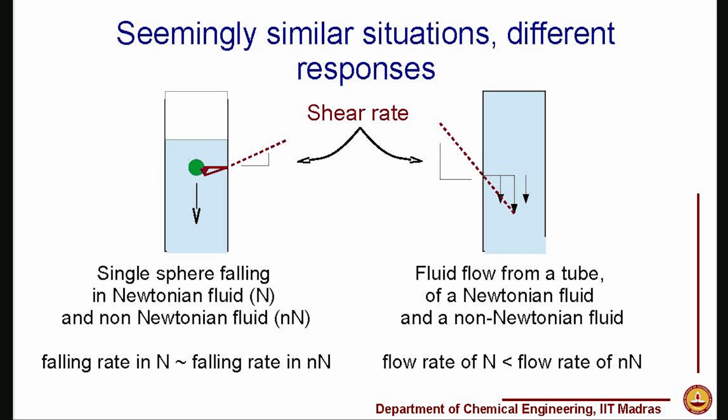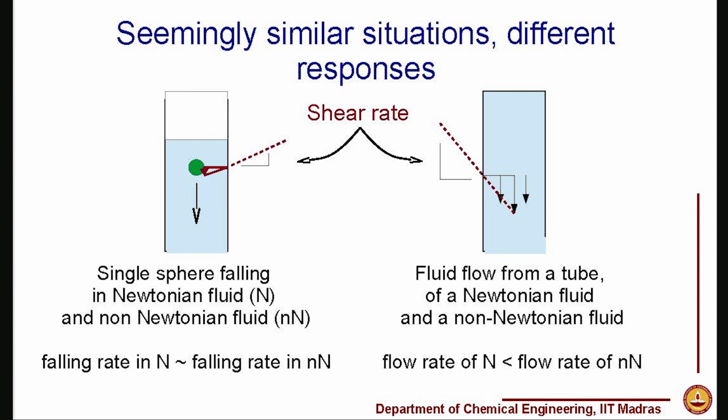On the other side, we have a basically tubular flow of the fluid, and in general the velocity here will be very high in the center and overall flow rate will be very high, and therefore between the wall where the velocity is 0 and the center where the velocity is maximum, what you will have is a shear rate which is very high. So, what we can again summarize is, in this situation shear rate is low, while in this situation shear rate is very high.